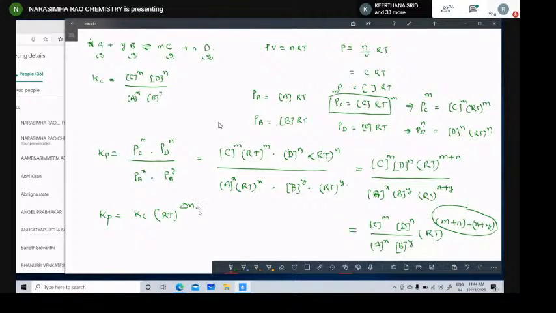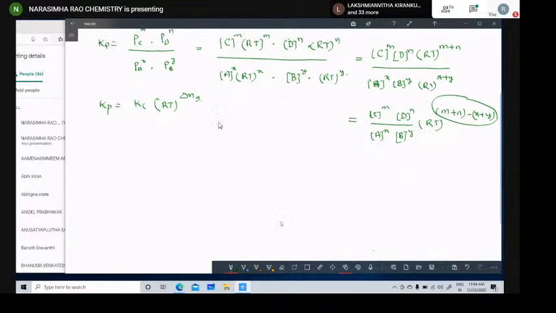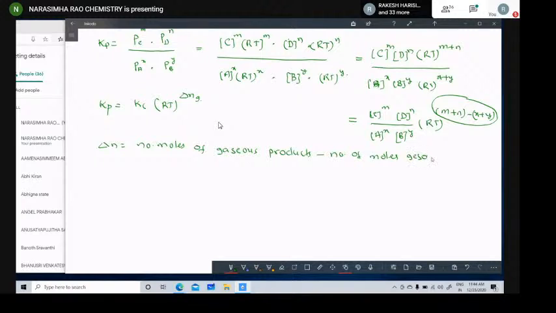Delta n of gaseous, which I am taking as the number of moles of gaseous products minus the number of moles of gaseous reactants.